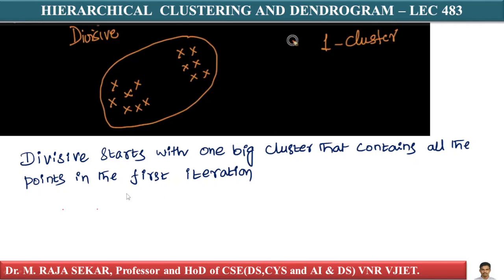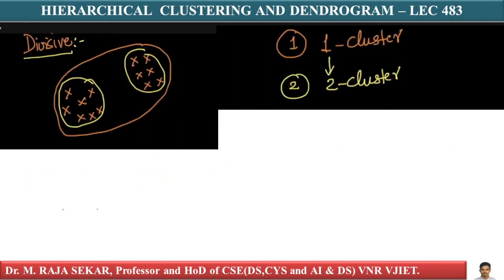In the second iteration, divisive would say, can I break up this big cluster into two small clusters? As the word says, it tries to divide the large cluster into smaller clusters.